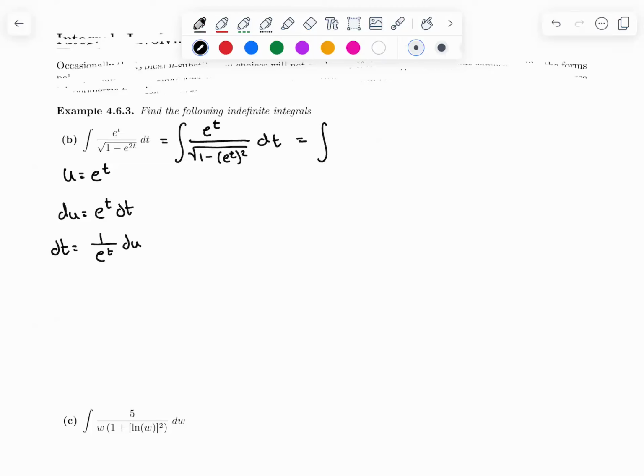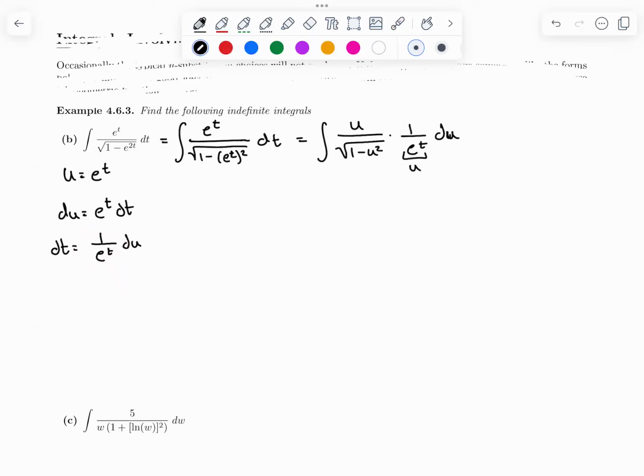So this now becomes the integral of u over the square root of 1 minus u squared times 1 over e to the t du. Because remember, e to the t is equal to u. And so it looks like it doesn't cancel, but e to the t here, that's u.